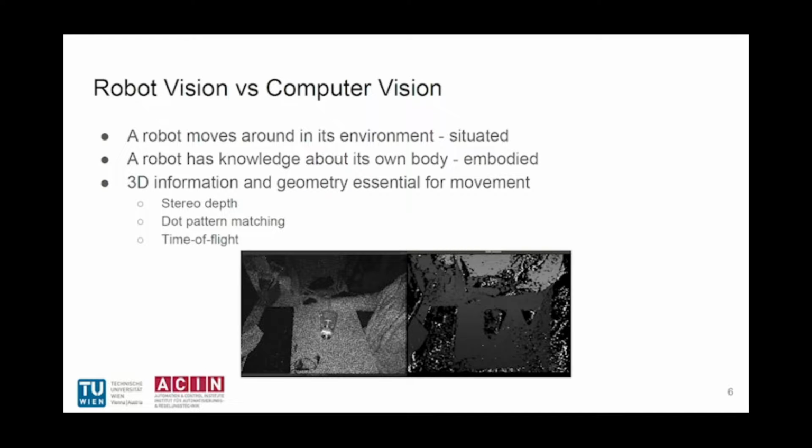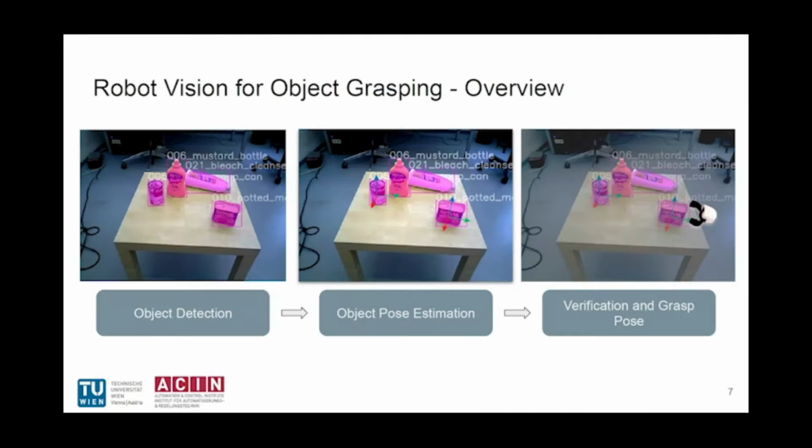That can be through stereo depth, or many different setups, like dot pattern matching, like the Kinect, or time of flight, like the newer Kinects or LiDARs, and a lot of sensors that give point clouds. But really, what robot vision is about is taking advantage of those specific facts about robots to adapt methods from computer vision.